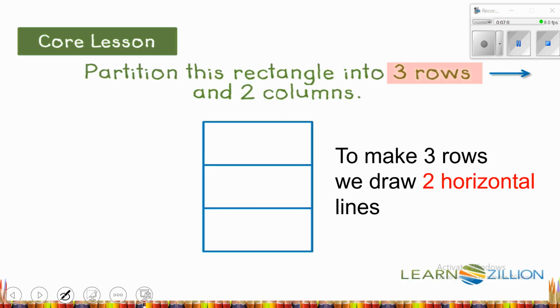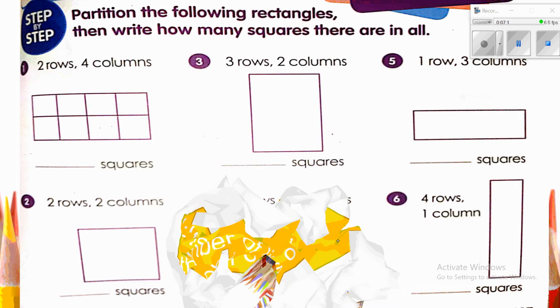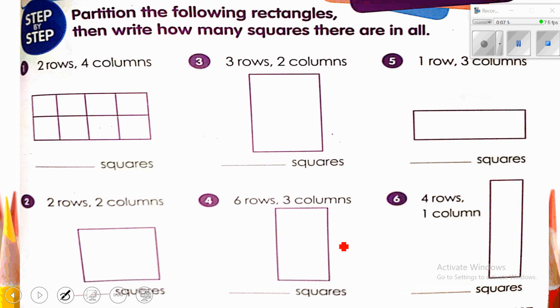Let's go directly to your book to draw together. The question says, partition the following rectangle, then write how many squares are in all. Remember the rule is rows minus 1, columns minus 1.